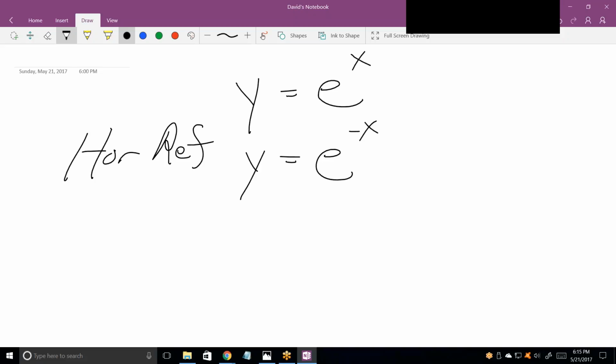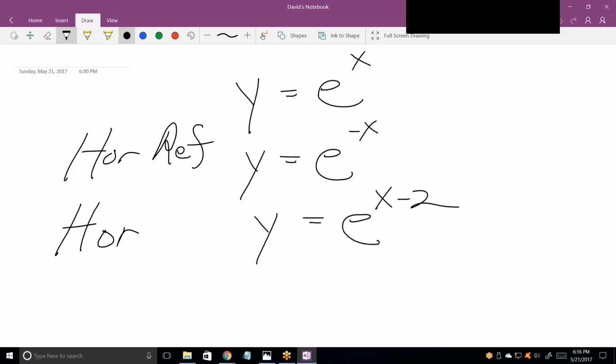The other 2 horizontals you can do are, that's inside the function, right? And it's subtraction. It's not multiplication. So what is that? You've got stretches, shrinks, and shifts.